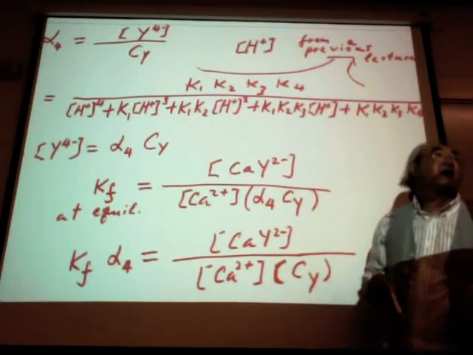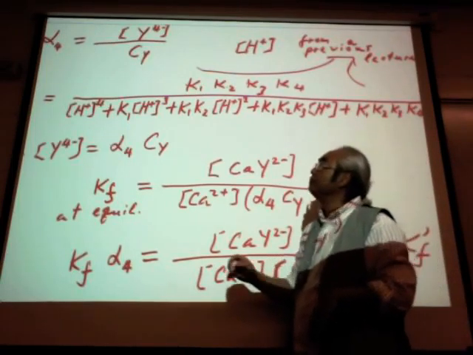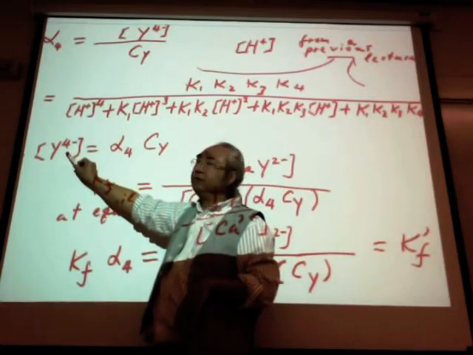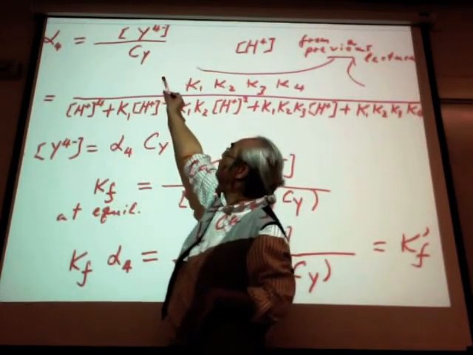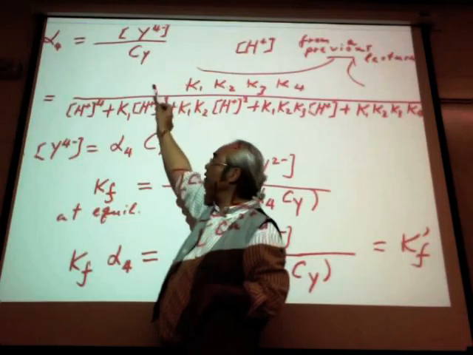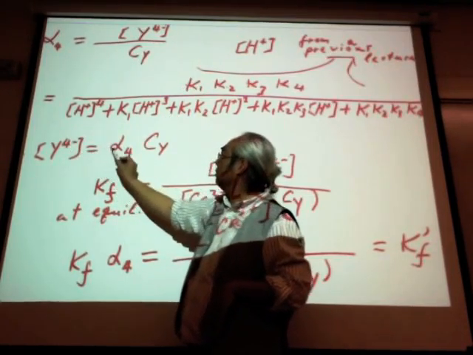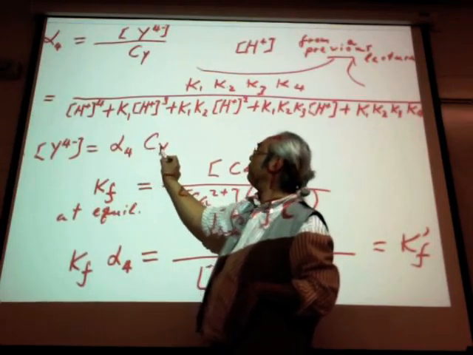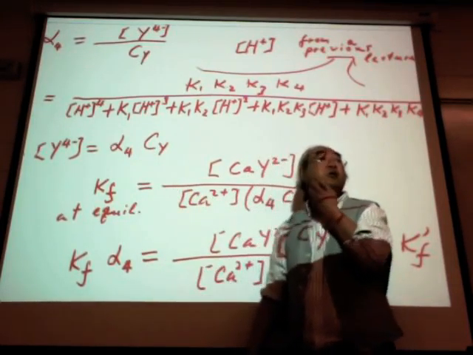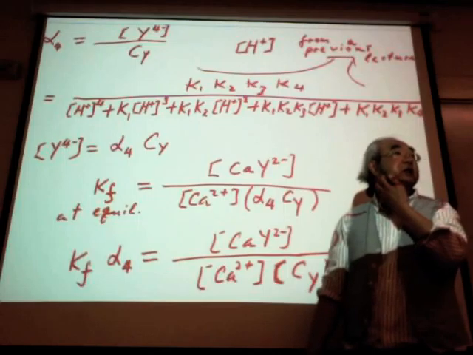So once you get the alpha 4, then alpha 4 is defined as that, and therefore you will get this by multiplying alpha 4 to the total EDTA, CY.